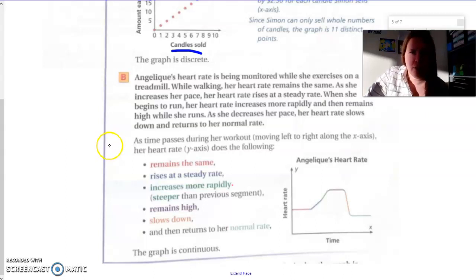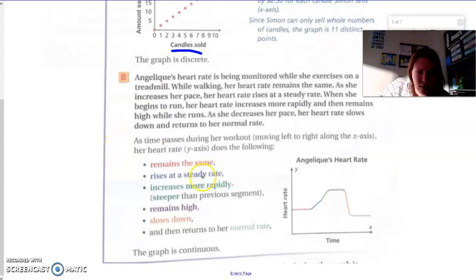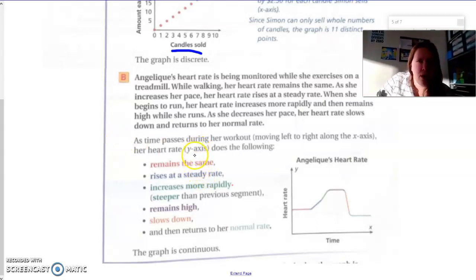As she decreases her pace, her heart rate slows down and returns to her normal rate. As time passes during her workout, moving left to right along the x-axis, her heart rate, the y-axis, does the following. So it's kind of hard to see, but it should be kind of color-coded here. They're showing you what each phrase is within here.